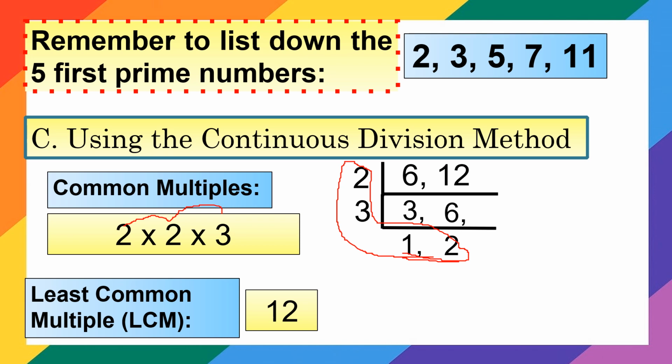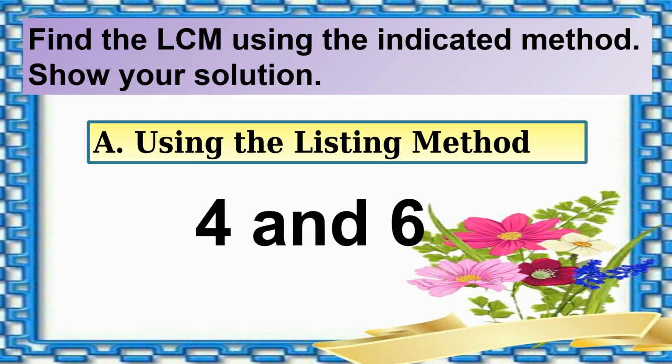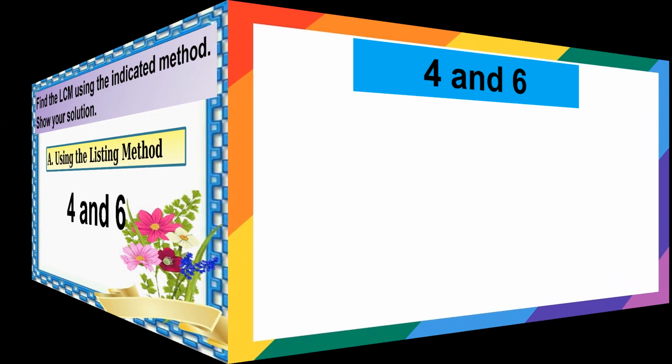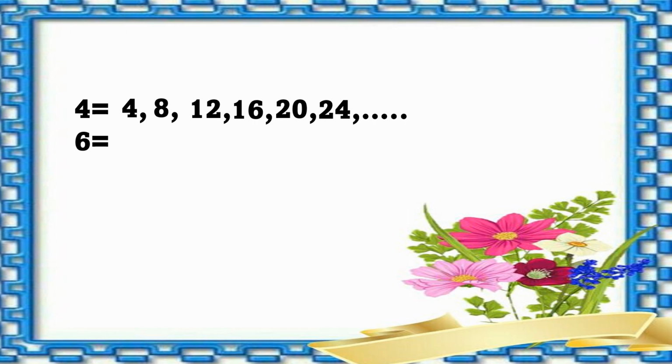So anyway, let's have here another example. To get the LCM of 4 and 6 using the listing method. So what are we going to do? Like what I've told you a while ago, you're going to list down at least 5 or 6 multiples of 4. You're going to skip count. We have 4, 8, 12, 16, 20, 24, and so on.